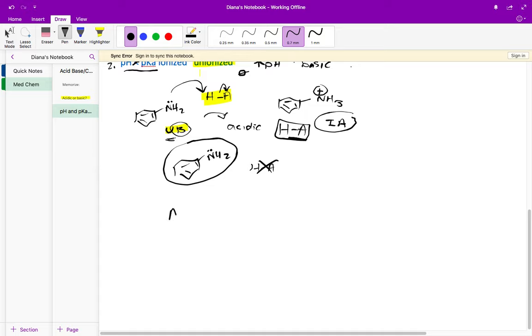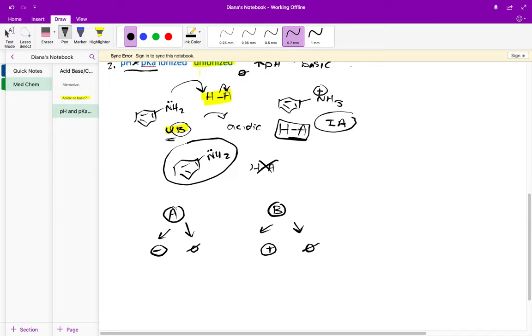So I have this in mind. Acids can be negative when put in a basic environment or neutral when put in an acidic environment. Bases can be positively charged when put in an acidic environment, or they can be neutral when kept in a basic environment.